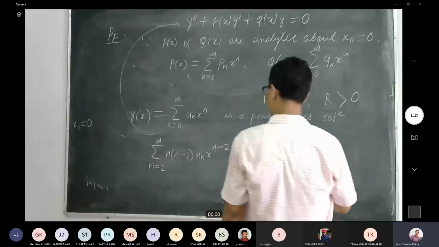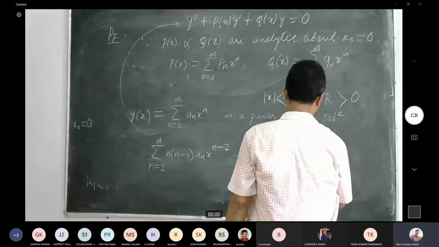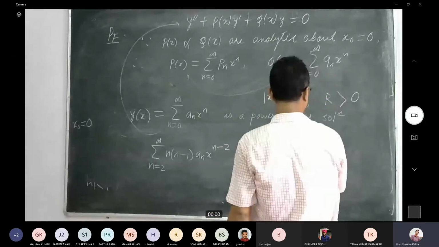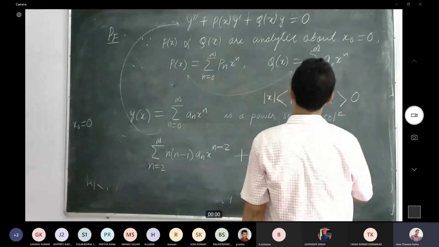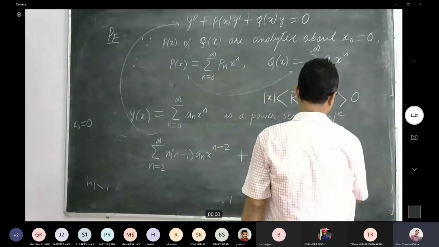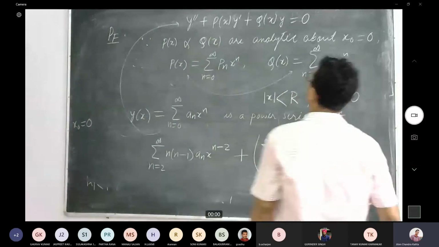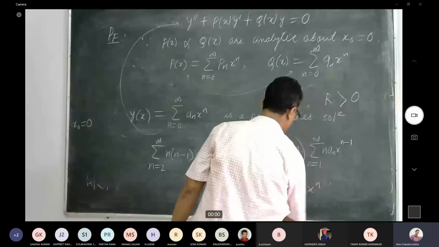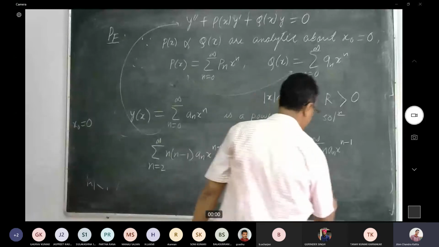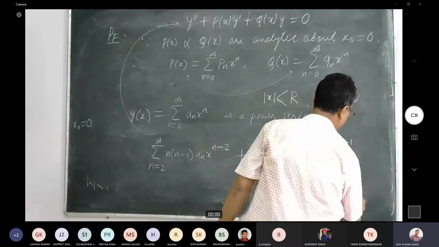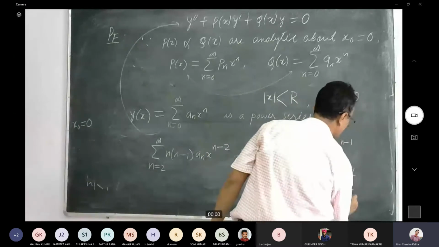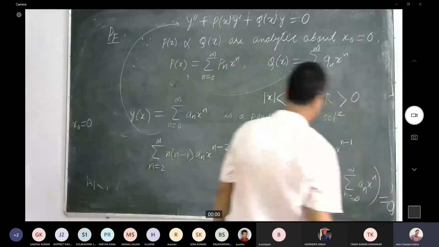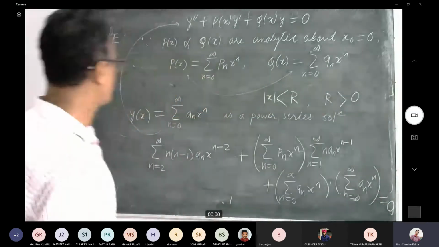Your y prime is n equal to 1 to infinity of n a n x to the power n minus 1, and then Qx is the sum of Qn x to the power n, n from 0 to infinity, times the sum of a n x to the power n, n from 0 to infinity. So this is equal to 0. So far so good.